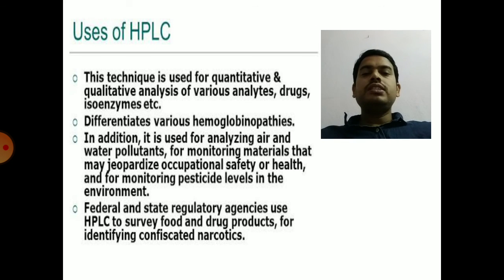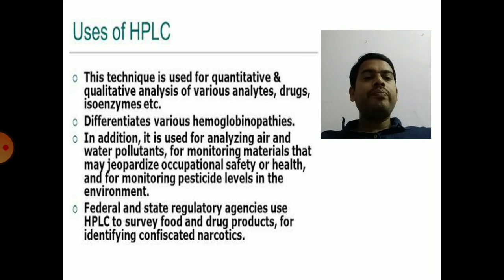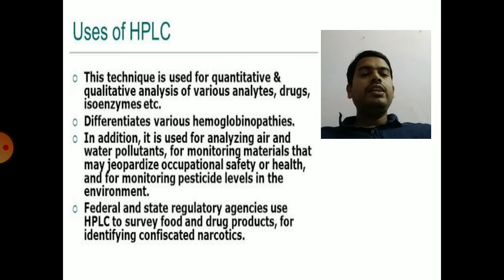So this is high performance liquid chromatography, how you perform it and use it to decrease the retention time of the sample in the column and also to get better resolution of the compound. This is a versatile technique and highly used in the pharma industry.